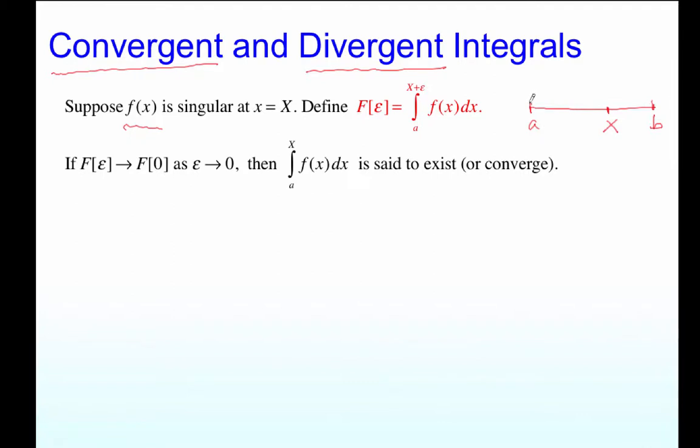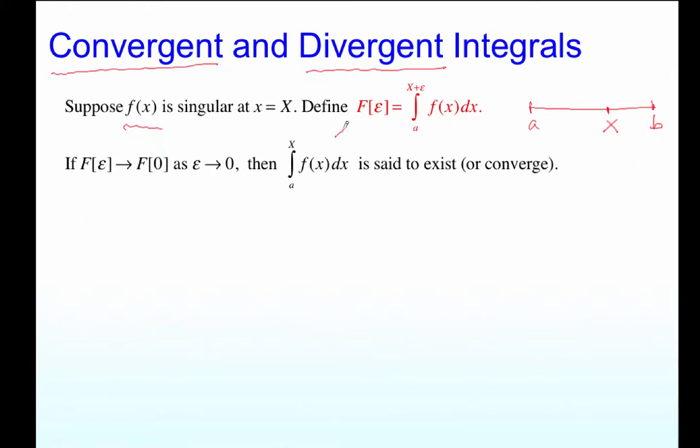It could even be at small a, or it could be at small b. And at this point, the integrand small f blows up, is infinite. Now, we want to know if the integral exists.